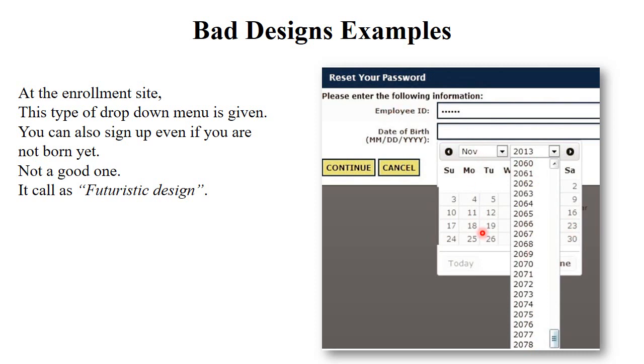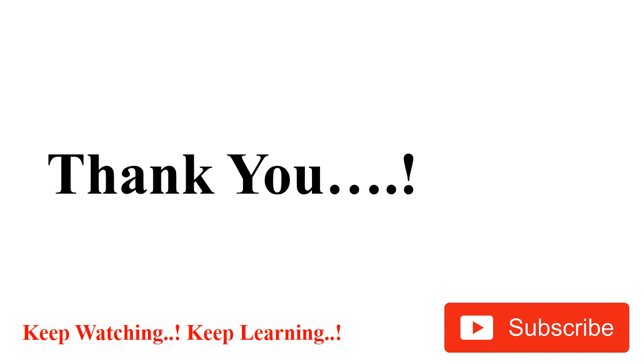Your date of birth cannot be later than 2022, the current year. So this type of design is not acceptable. It means you could sign up even if you are not born yet, right? So this is also a bad design example. Every drop down for date of birth should go up to the current year, not more than that, right? Next.